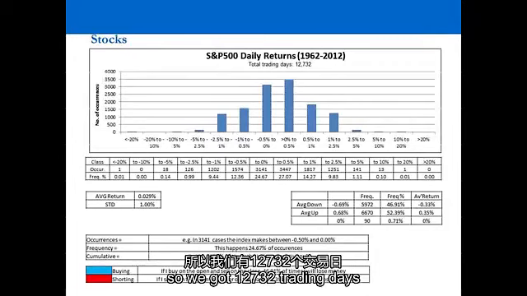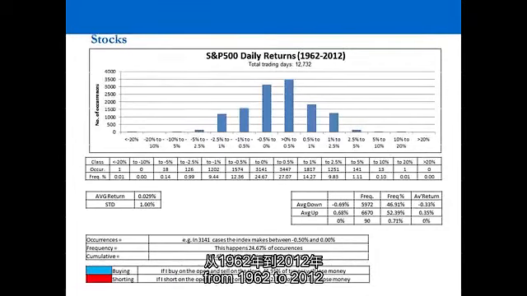So we got 12,732 trading days from 1962 to 2012. And we're using performance gates, as in returns, to see what the distribution is. And what do we get?